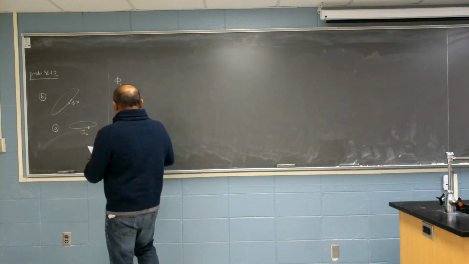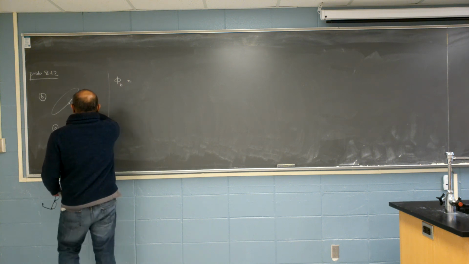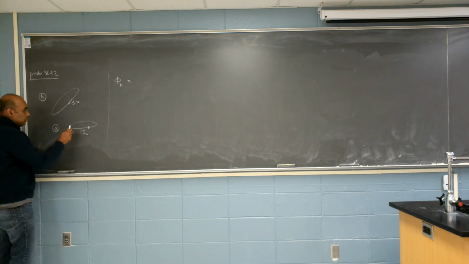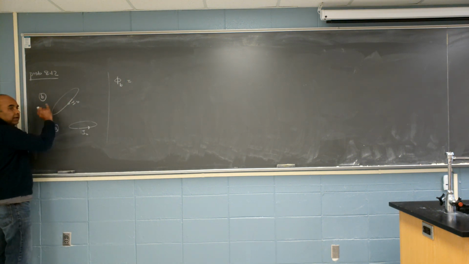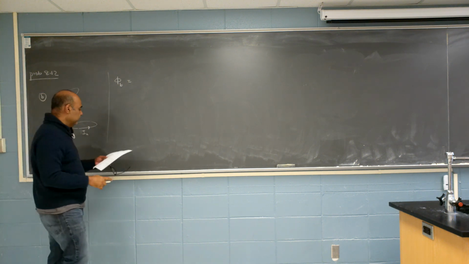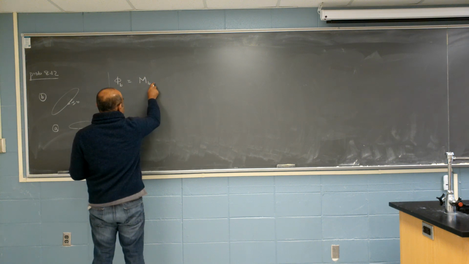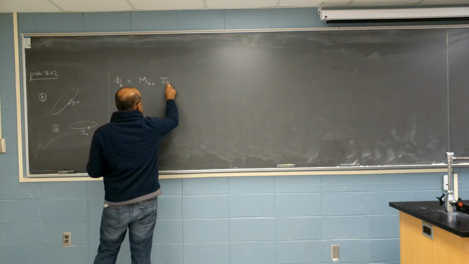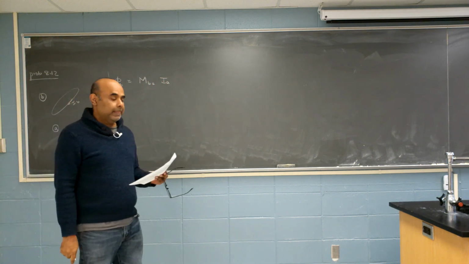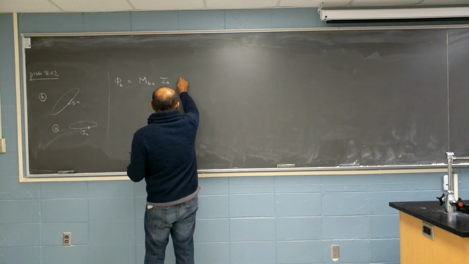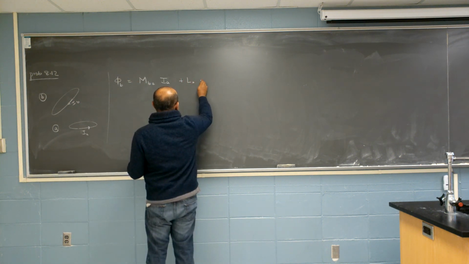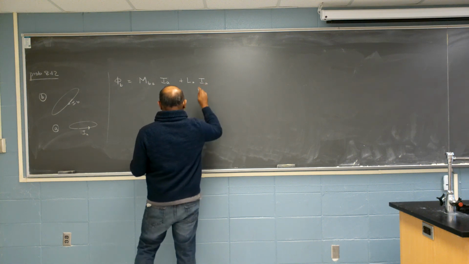So it suffers a magnetic flux due to two things: mutual inductance and self-inductance. Let me write the mutual inductance term just because I have that here. By definition, it is that. And then, of course, self-inductance.